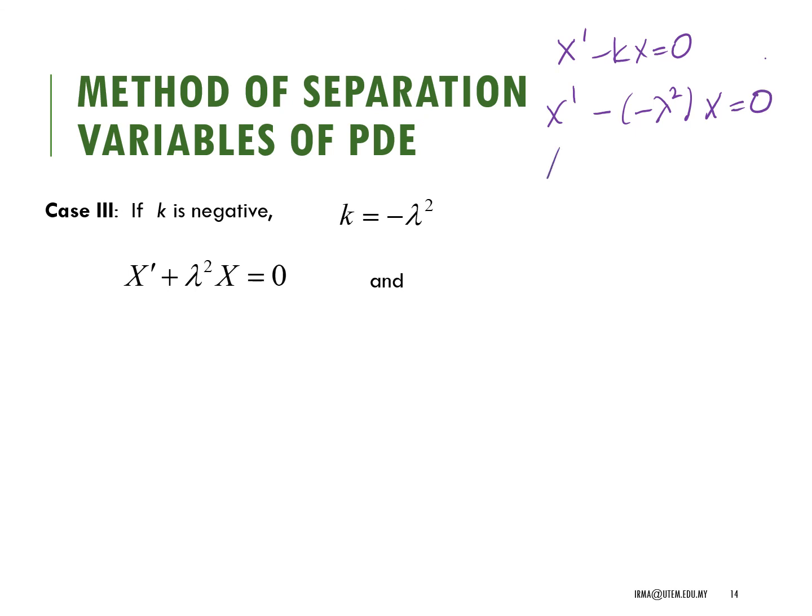Negative and negative becomes positive, so you get x prime plus lambda squared x equal to 0. For the second equation, you have the same but with a different variable: y prime plus lambda squared y equal to 0.